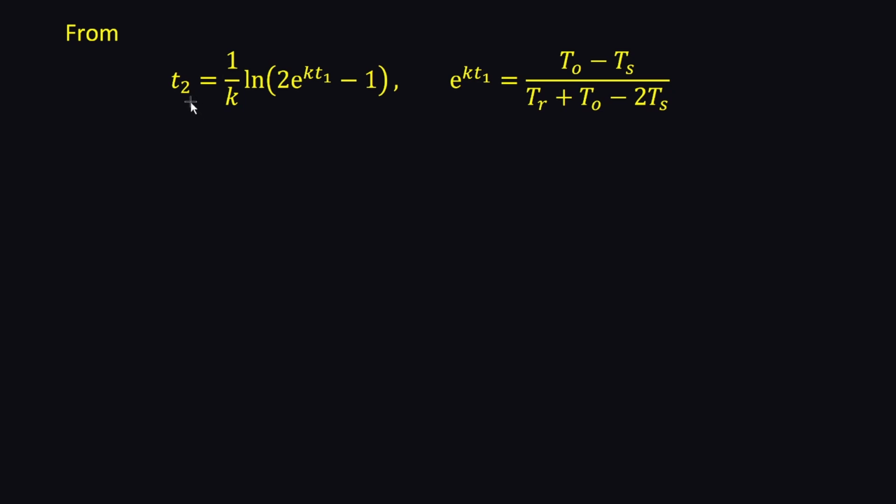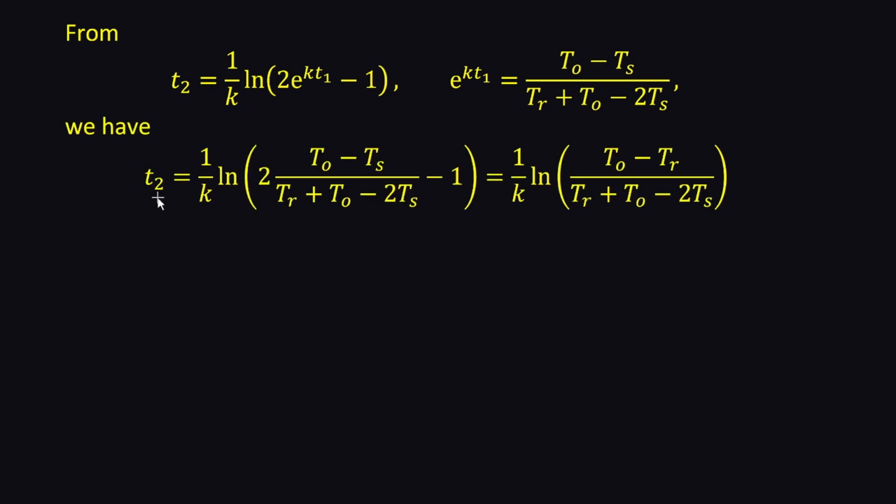The first one tells us t2 in terms of t1, and the second tells us t1 in terms of the temperatures and the constant k. Substituting e to the k t1 into the first expression, we get t2 is 1 over k times the natural log of (To minus Tr) divided by (Tr plus To minus 2 Ts).